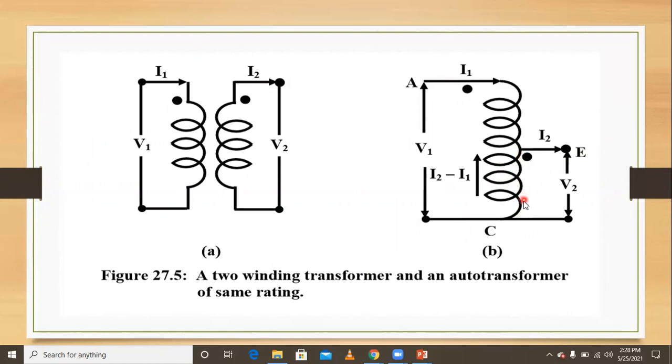According to the number of turns, the output voltage V2 changes. By changing the tapping position, by changing the handle position in this direction and in this direction, the output voltage is variable.